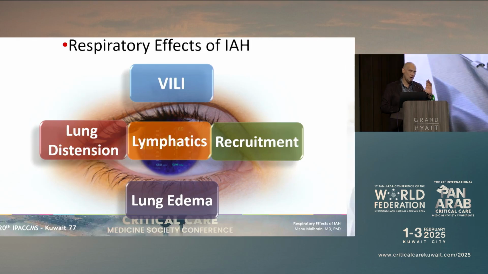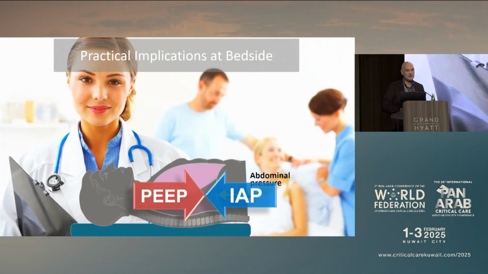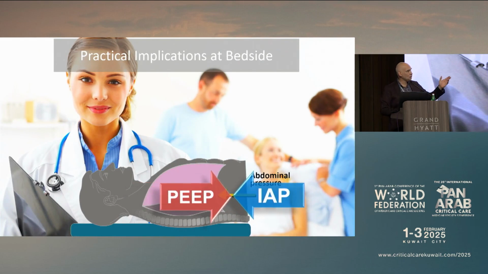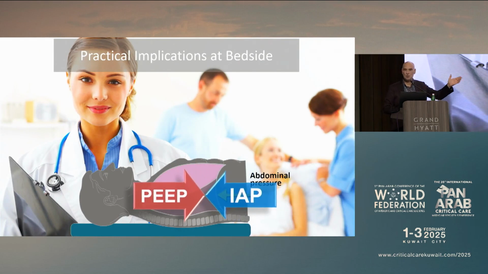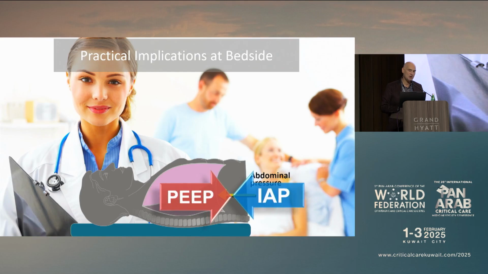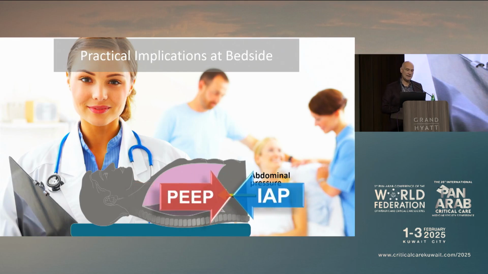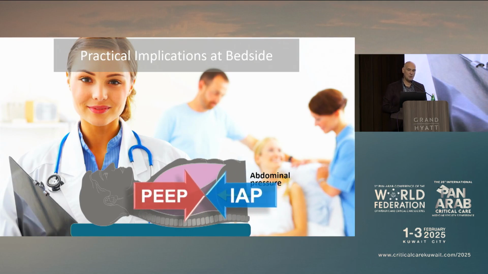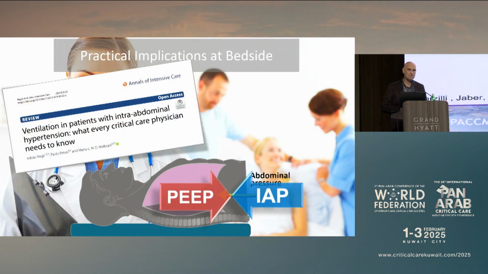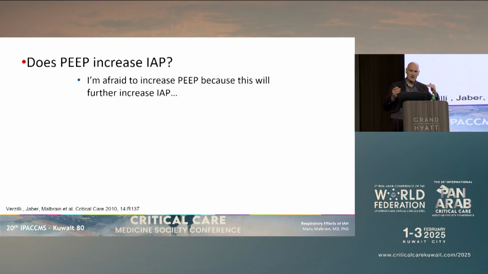So the question now is, how do we translate this to the bedside? I told you already we should set the PEEP to counteract the intra-abdominal pressure, and everything you need to know is available in this open access paper on how to set the ventilator. Some of you may wonder, if I increase the PEEP, this will further increase intra-abdominal pressure.